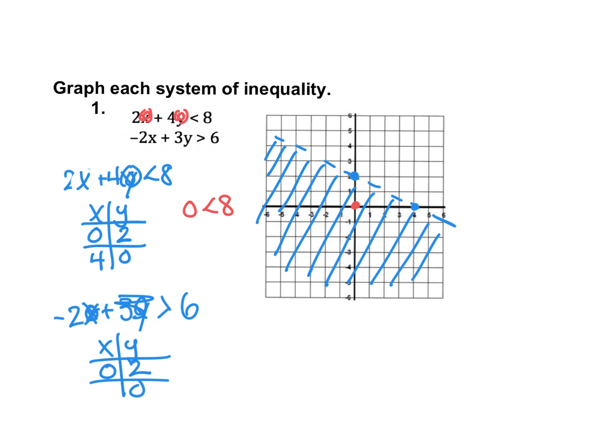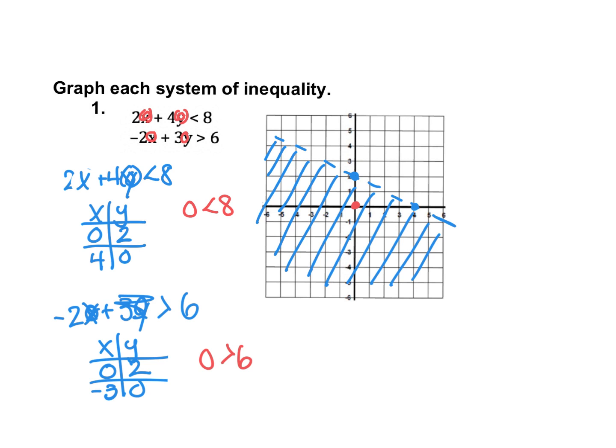So we're going to have negative 3. So now we need to determine which direction we're going to shade. When you plug in a 0 and a 0, we determine, is 0 greater than 6? Well, because 0 is not greater than 6, that means that we're going to shade in a different direction.